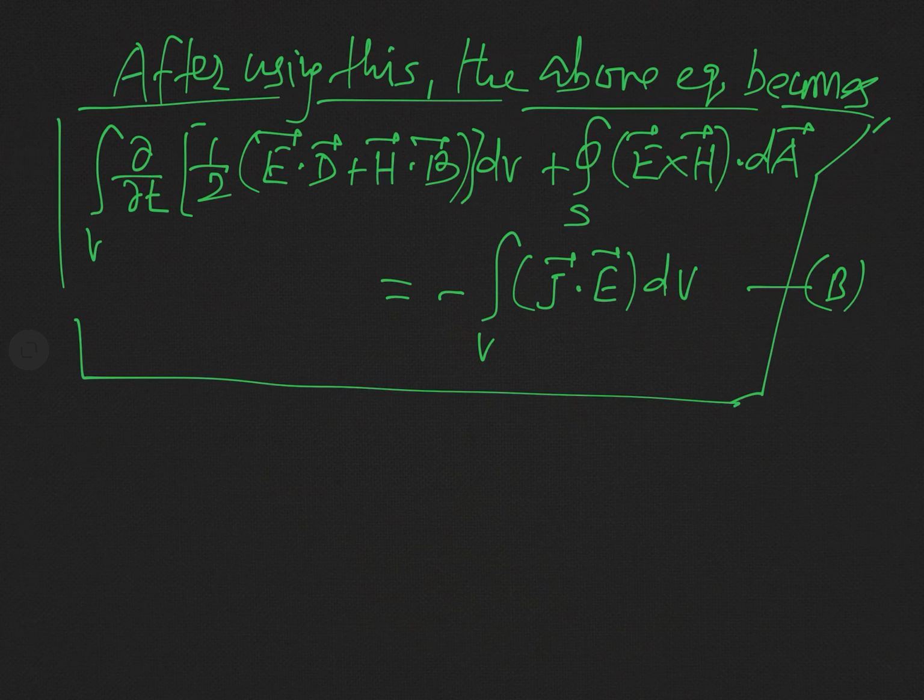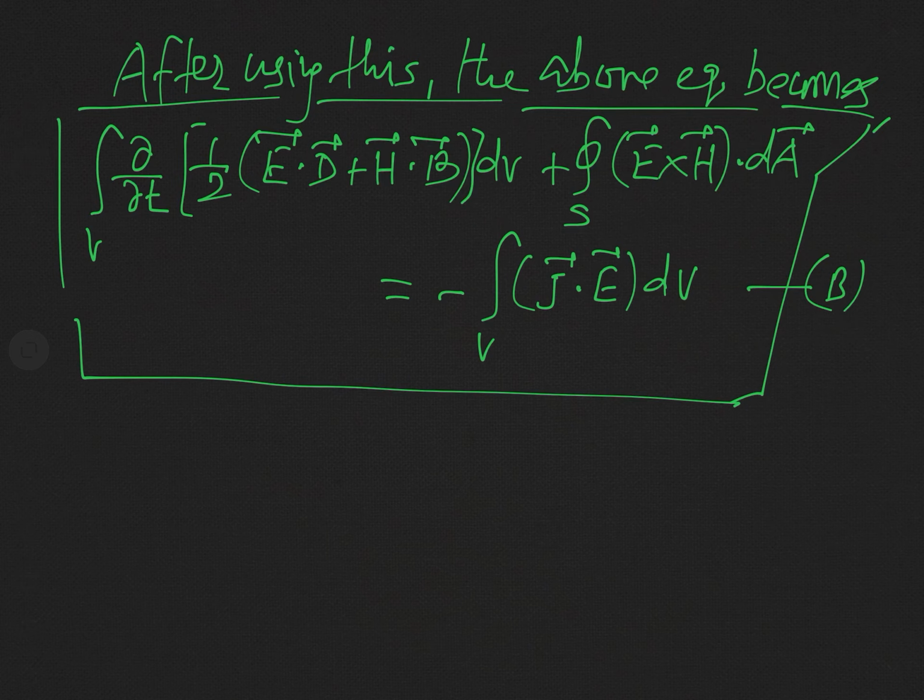So this is the mathematical form, but until we know the physical significance or the physical meaning of each term in these equations, either in equation A or in equation B, our next task is to find the physical interpretation of each and every term in equation A and B. And when we do it, you will see that these equations simply represent the energy conservation in electromagnetic field.